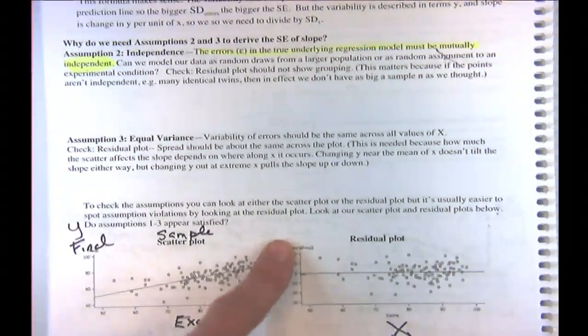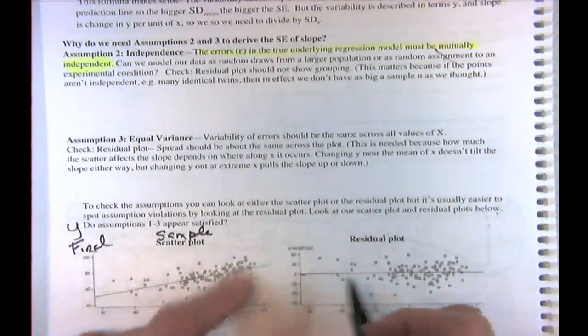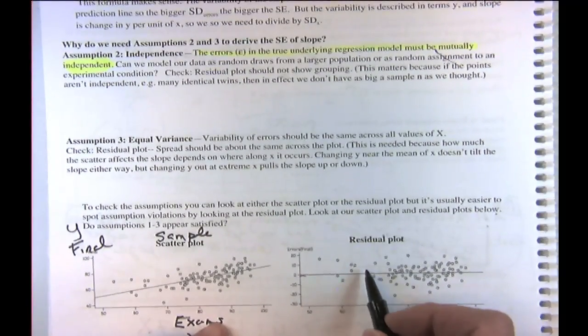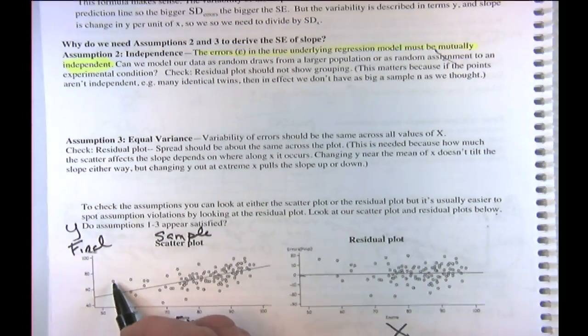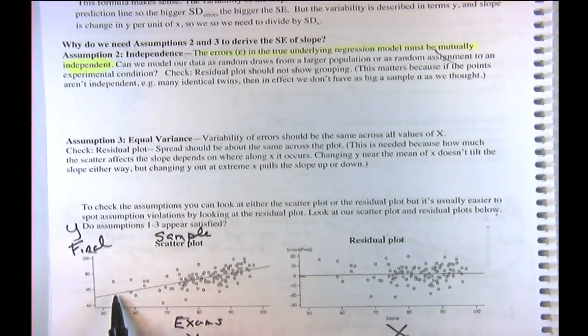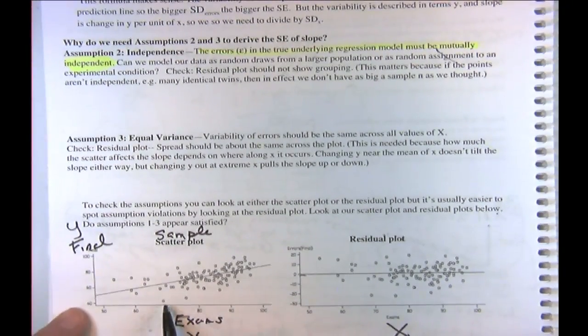So this is not y anymore. What would it be? It would be our actual y values, like the actual final this person got, minus what was predicted, that distance. Whoa, this person did terrible.